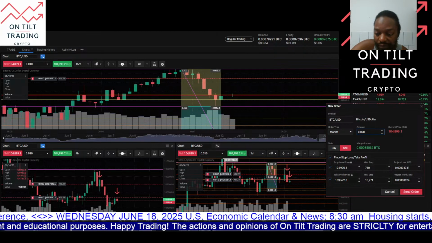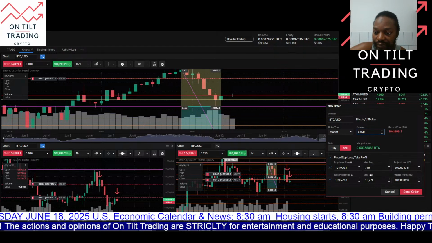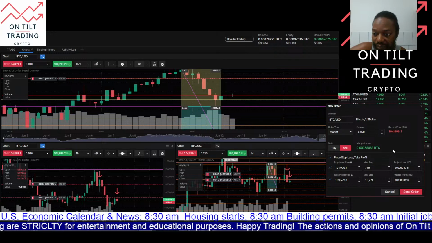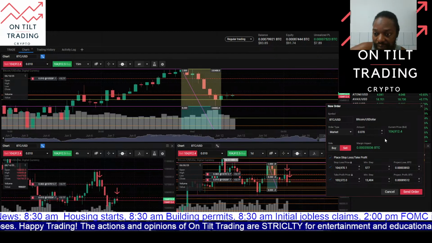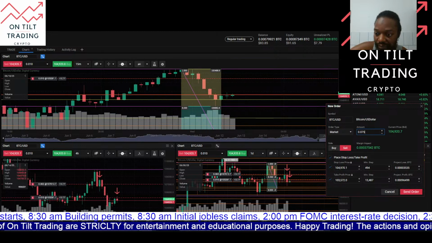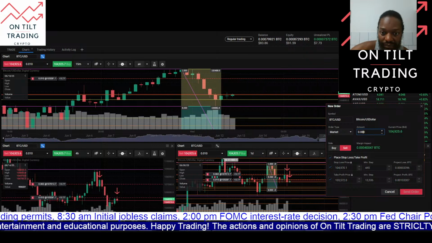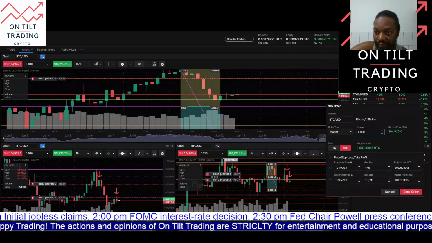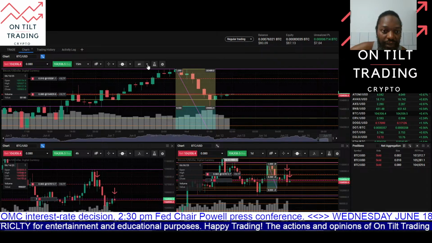Less than 1 minute for the close of this candle. Have a confirmed swing high. Take this entry.